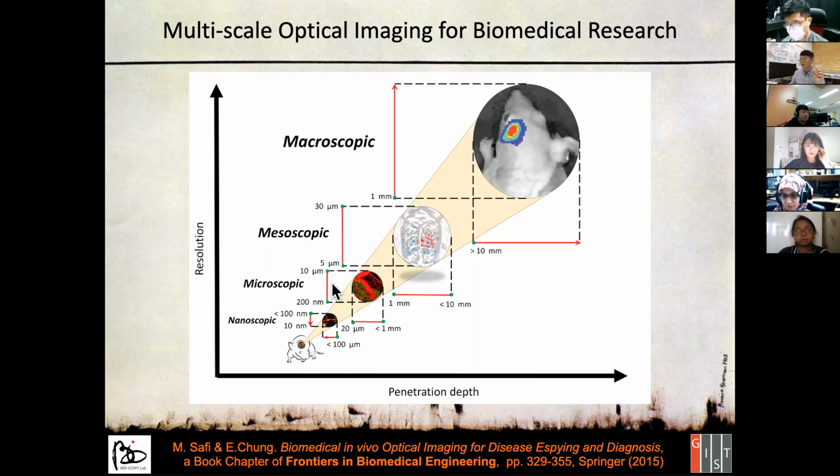For this, we can only see about 1 millimeter depth. We can't go deeper than 1 millimeter to see microscopic resolution, which you will understand later on, because of the multiple scattering nature of light. In between, we call it mesoscopic.